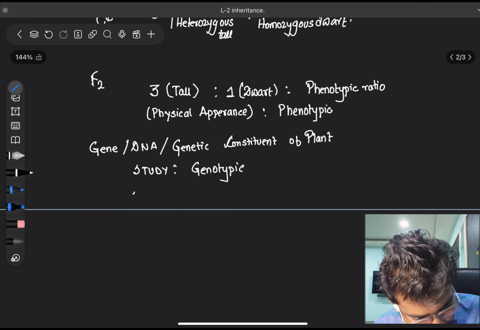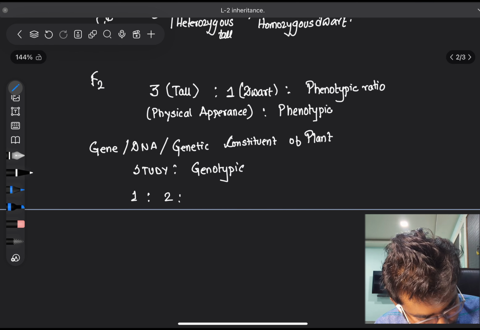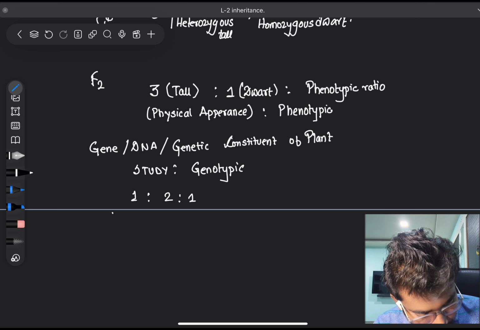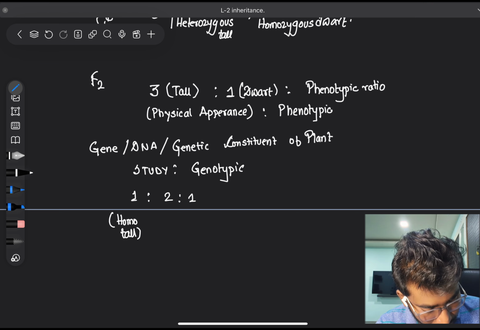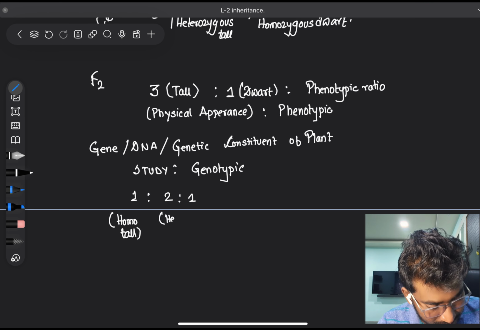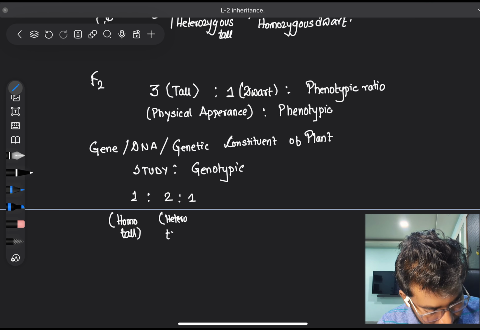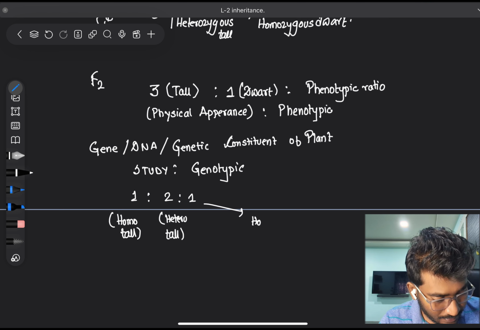Genetic constituent क्या होता है? It is 1:2:1. What is 1? It is homozygous tall. What is 2? It is heterozygous tall. And what is 1 here? It is homozygous dwarf.